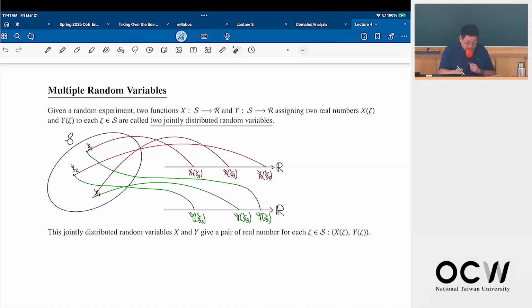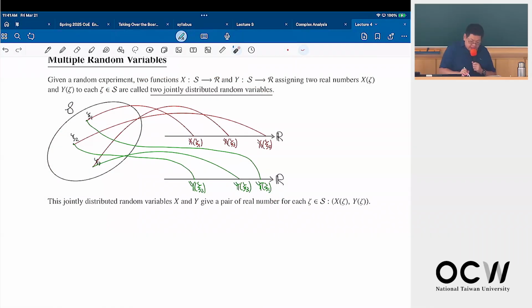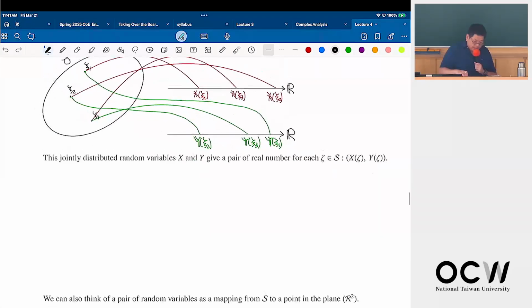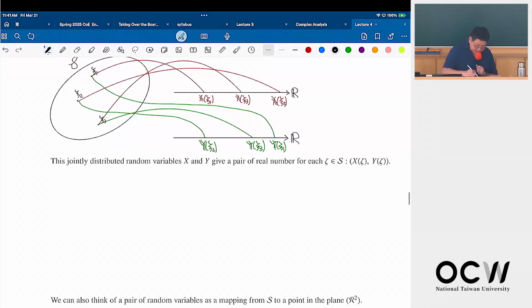We can think of this as an xy pair. The jointly distributed random variables x and y give a pair of real numbers. So here we can think about this mapping. I need to plot the sample space again. This is the sample space.